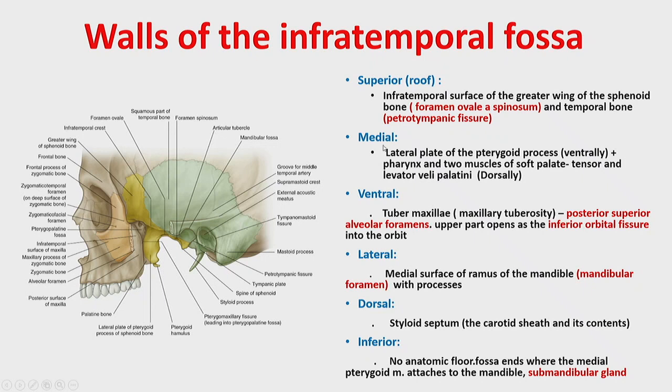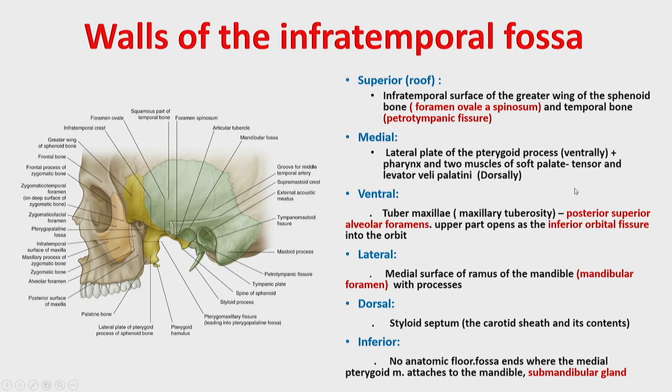The medial wall is the lateral plate of the pterygoid process, and also the two muscles of the soft palate, which are tensor veli palatini and levator veli palatini, and also the wall of the pharynx. They are the medial aspect.